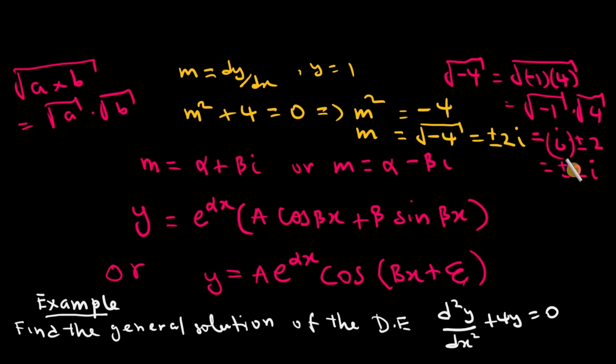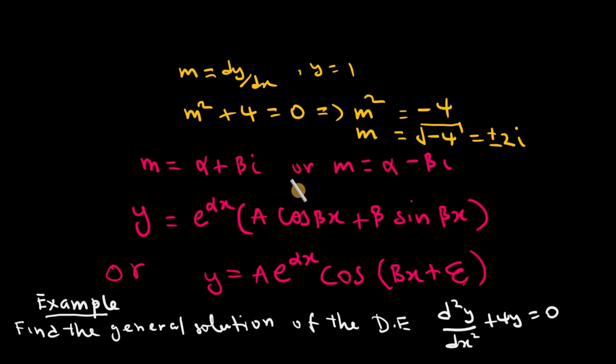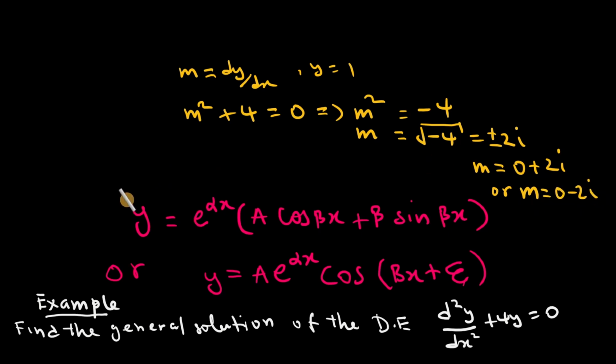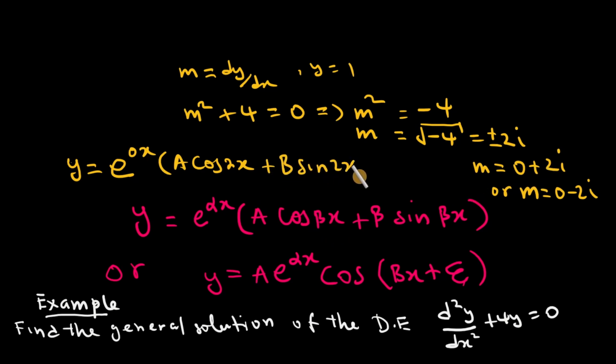So in this case, alpha is 0. So it means the complex roots are m equals 0 plus 2i, or m equals 0 minus 2i. And then the general solution will be y equals e to the alpha x, which is 0x, into (a cos 2x, since beta is 2, plus b sine 2x).